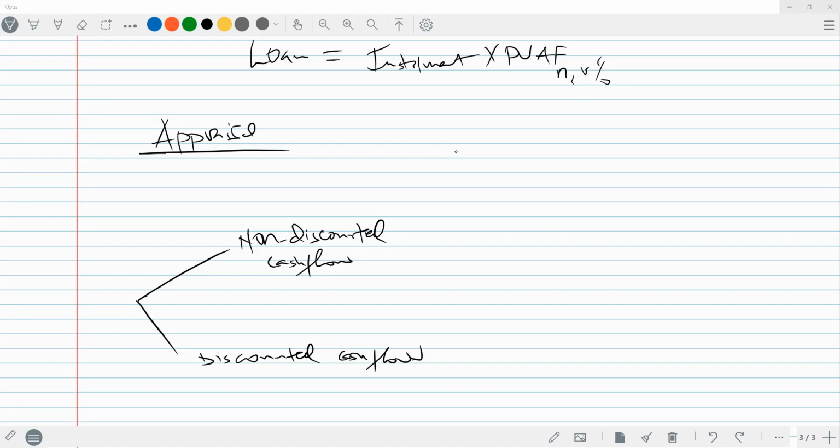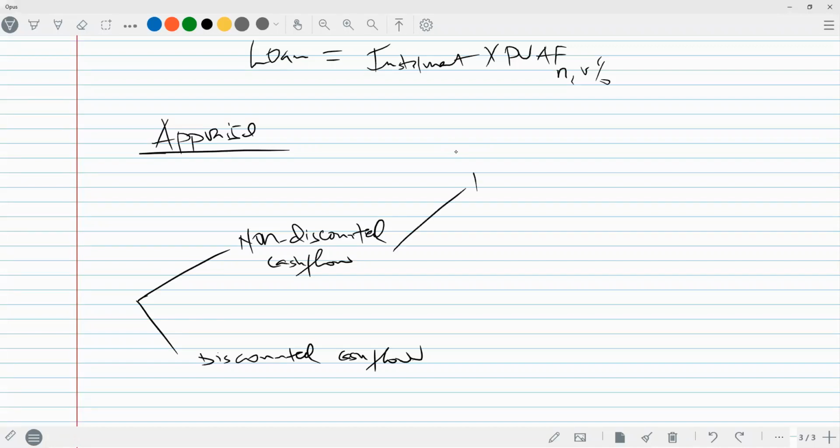In the case of the non-discounted cash flow techniques, we appraise the projects based on the value of cash as and when it is received. We don't need to discount or compound. There is no need to get the present value of those cash flows. In the case of the non-discounted, we can use two methods.